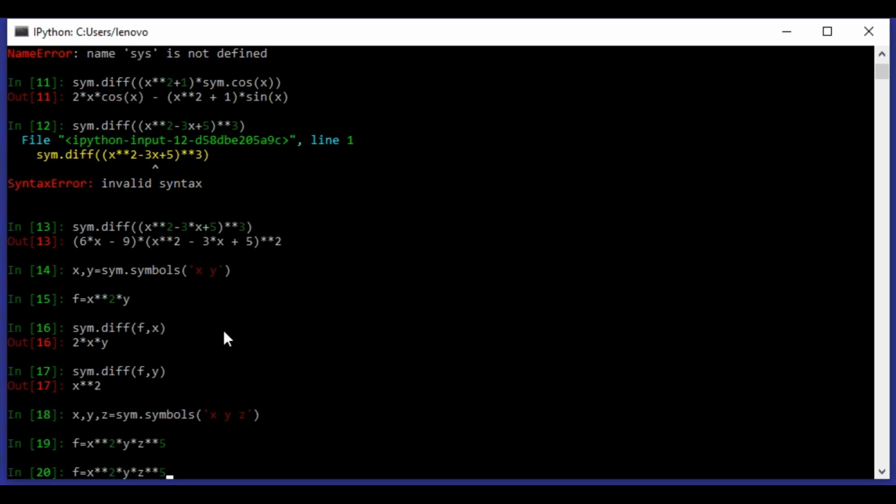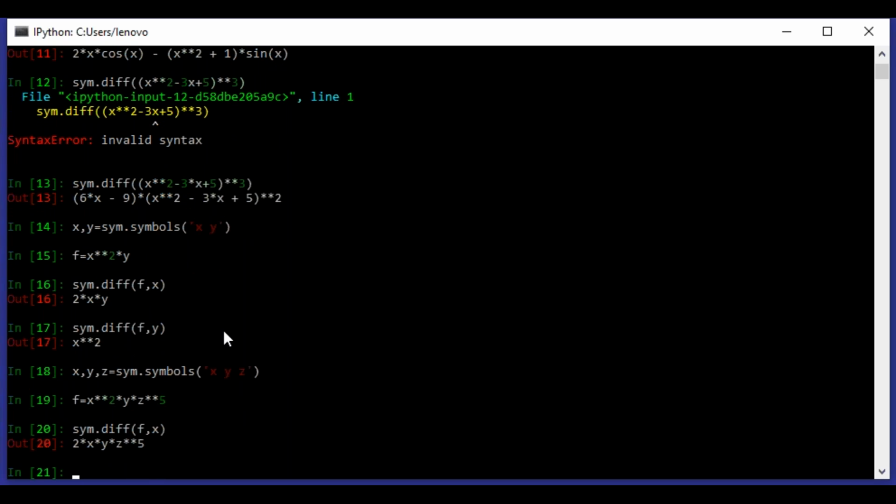Then sym.diff, we can initially find with respect to x. For sym.diff in brackets f comma x, we have got the answer 2x y z raised to 5.